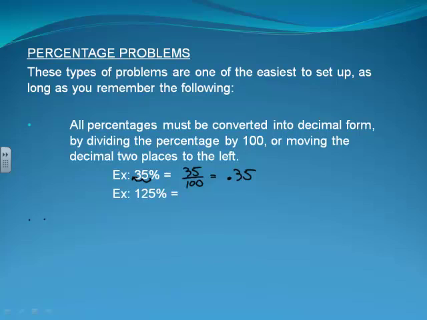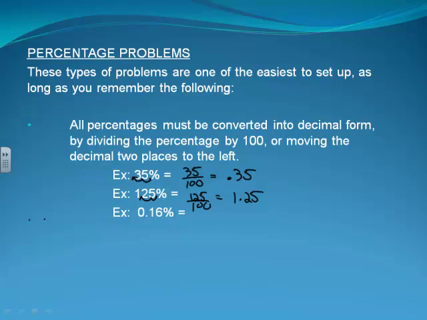Another example, 125%. 125 divided by 100 will move the decimal point 2 to the left. That'll put it between the 1 and the 2. 125% is the same as 1.25.